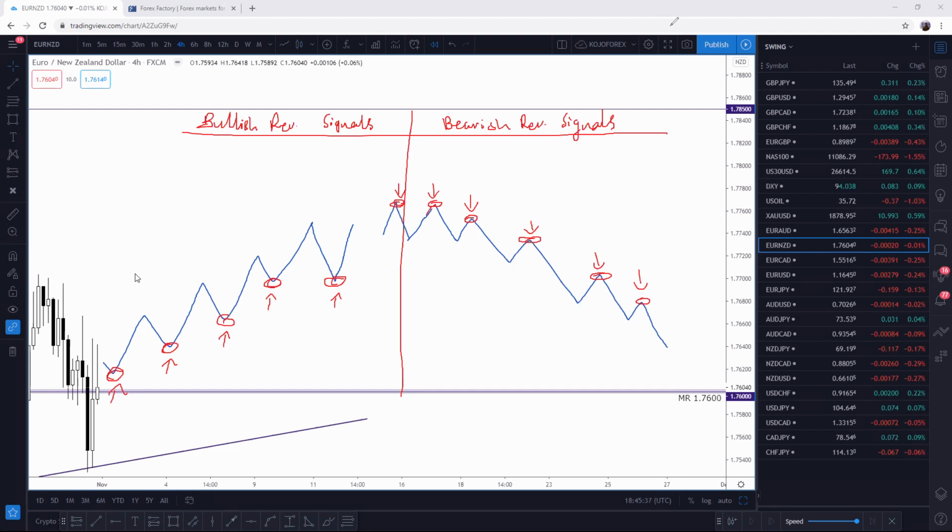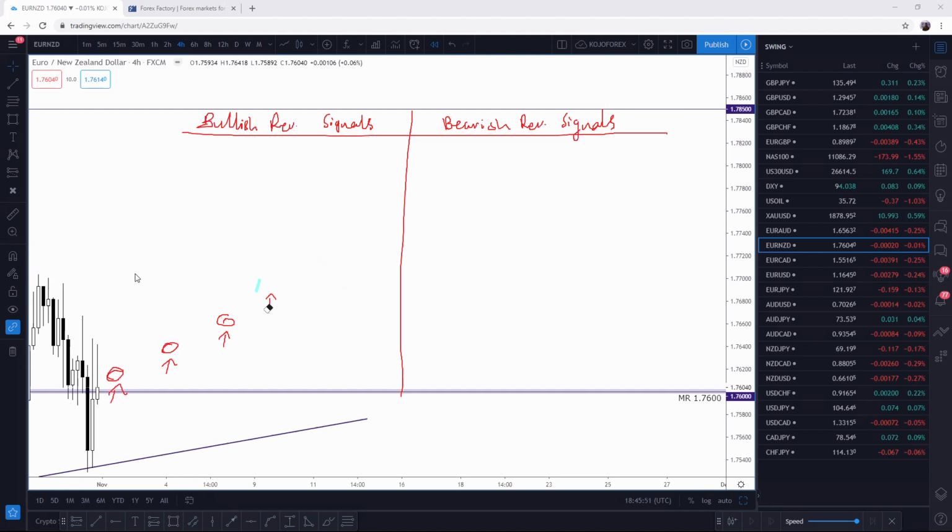Now let's quickly go into the candlestick patterns. There are so many candlestick formations, about 50, 60, maybe even 100 of them all over YouTube.